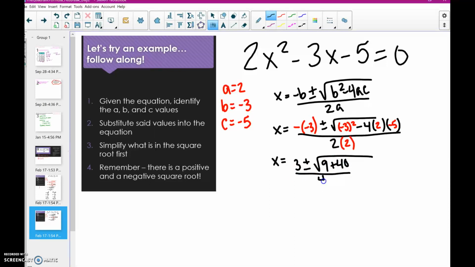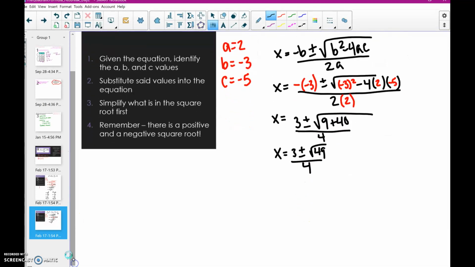All divided by 4. So now we have 3 plus or minus 9 plus 40 is 49 divided by 4. Let's split up our roots since we know we're going to have a positive root and a negative root. Over here we're going to have 3 plus the square root of 49 over 4 and 3 minus the square root of 49 over 4.